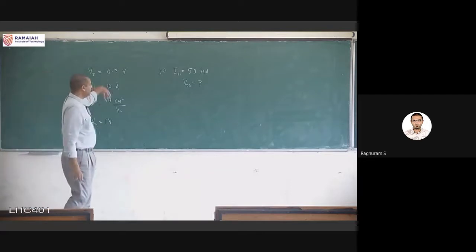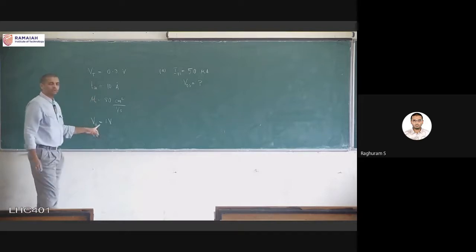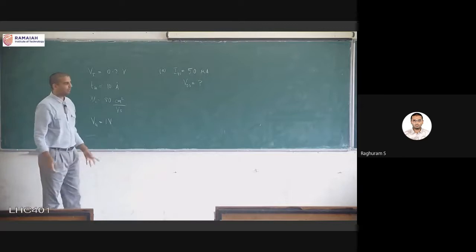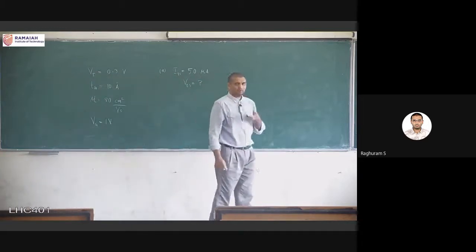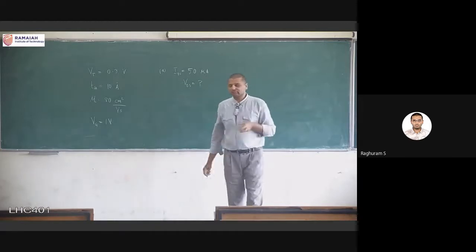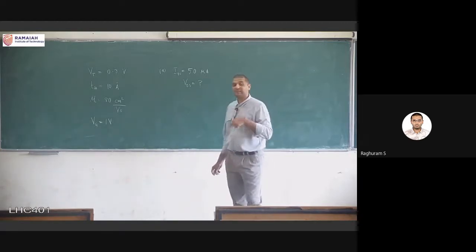They have given some parameters with respect to the transistor: threshold voltage, oxide thickness, and mobility. And they are giving the gate voltage as 1 volt. We don't know what the power supply is, etc. We only know that the gate voltage is 1 volt. And they're giving the current. This is somewhat similar to one of the numericals that we did, but now they're asking you to find VDS.